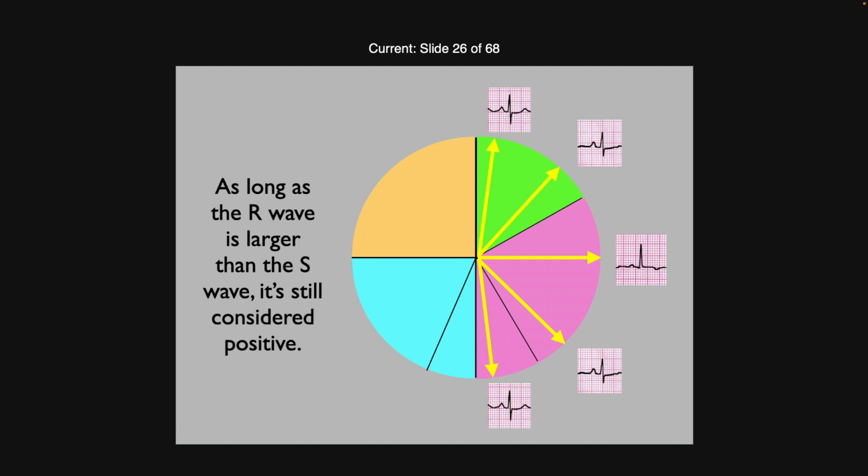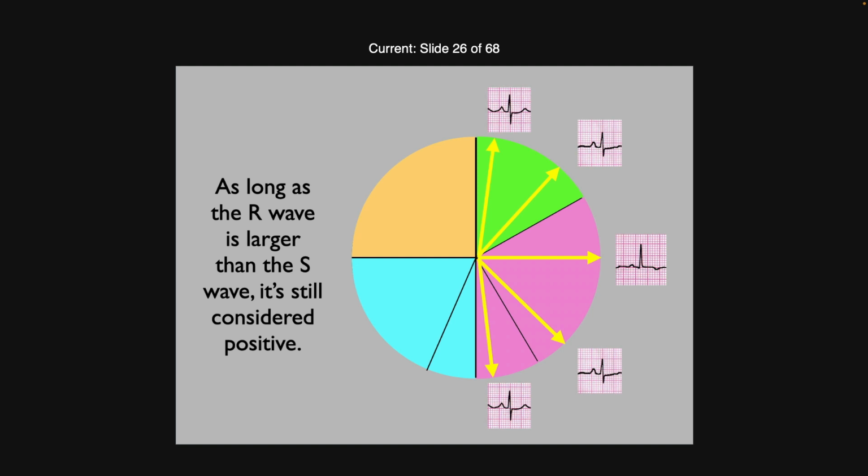And then the closer it gets to straight up and down, the closer to equiphasic it's going to get. But as long as it's in this half, the R wave will be at least slightly bigger than the S wave. For our purposes, when we say it's positive today, this is positive, this is positive, this is positive, they're all positive, even though they don't exactly look the same.